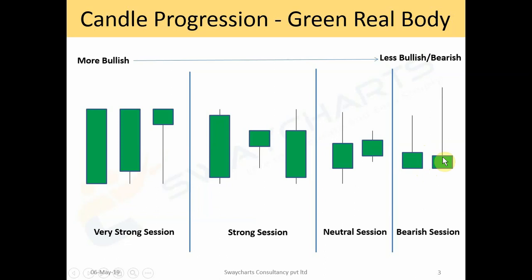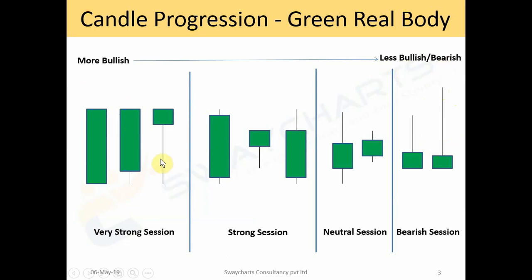And this, if you see the difference again, is the length of the shadow, and this is a bigger shadow than this, so this is a more bearish session than even this. This means the bulls have given up and they are not able to defend their territory or their levels, right? So what we saw in these 10 candles is that we are moving from more bullish to less bullish and then to bearish.